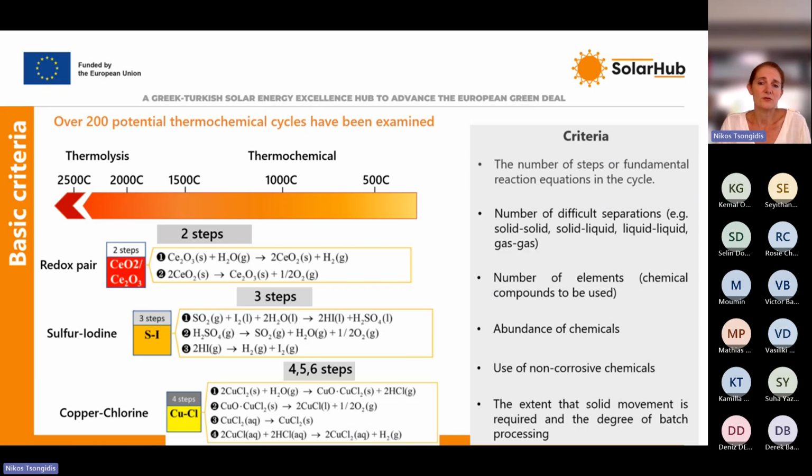The number of elements that are used, or the abundance of chemicals that are used in the reactions. The need to use corrosive or non-corrosive chemicals, as well as the need to move parts of the materials for the reactions to take place. So these were the main criteria that needed to be taken into account in order to end up with the most appropriate and favorable reactions.